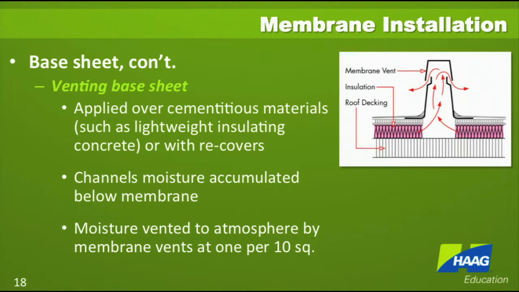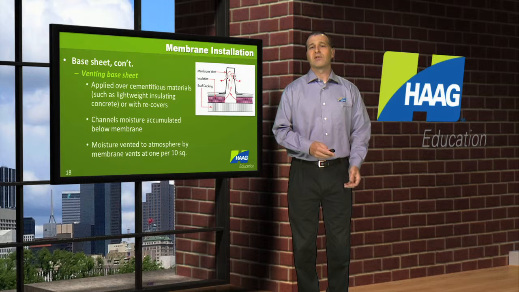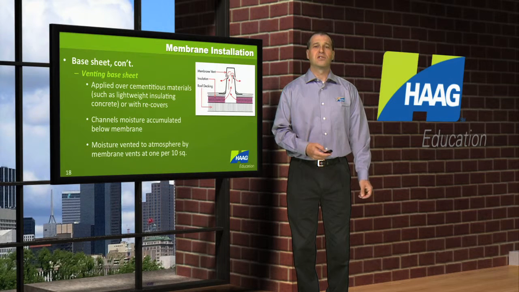The vented base sheets will allow moisture to channel out underneath the built-up roof membrane, and then you would be installing one-way membrane vents, as are shown in the graphic on the slide, about 1 every 10 roofing squares, and that would allow moisture to escape from below the roof system without causing rot to the insulation boards or corrosion to the fasteners.